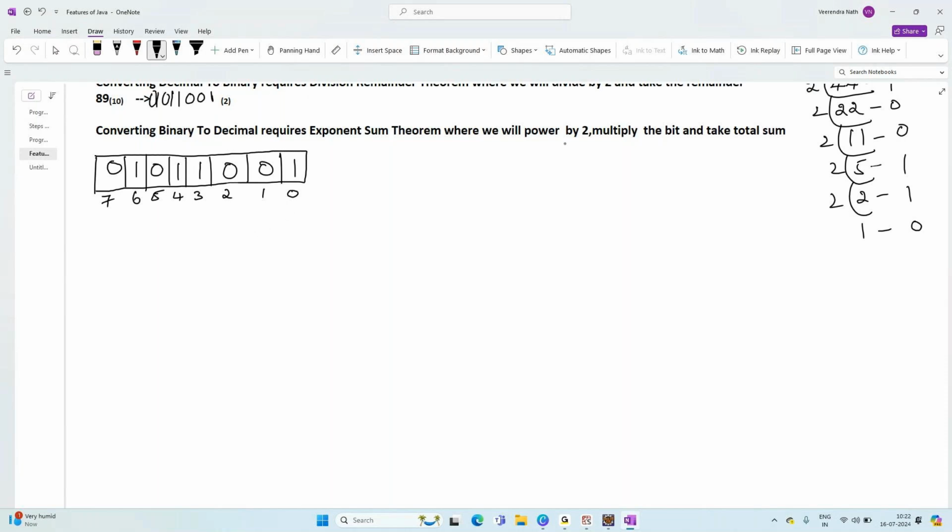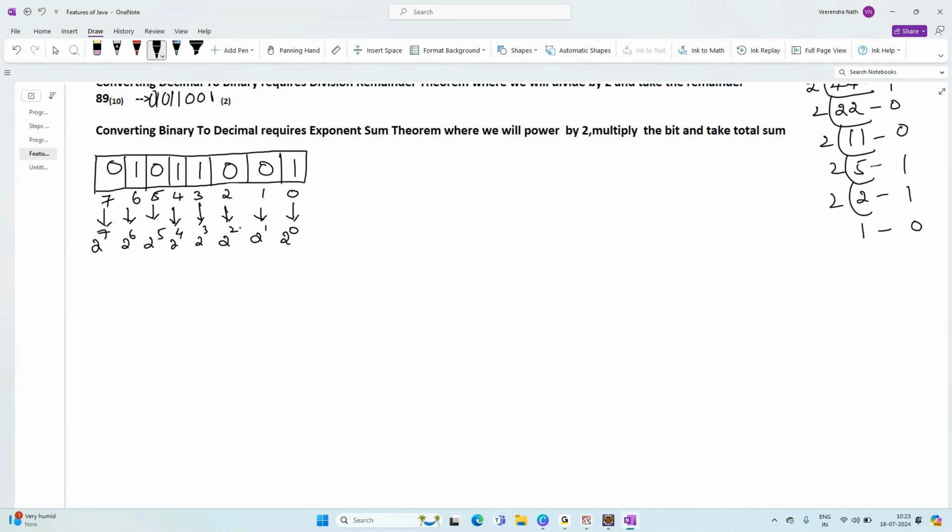Now I have to take the power of 2, multiply the bit, and take the total sum. The positions give 2 to the power of 0, 2 to the power of 1, 2 to the power of 2, 2 to the power of 3, 2 to the power of 4, 2 to the power of 5, 2 to the power of 6, and 2 to the power of 7.